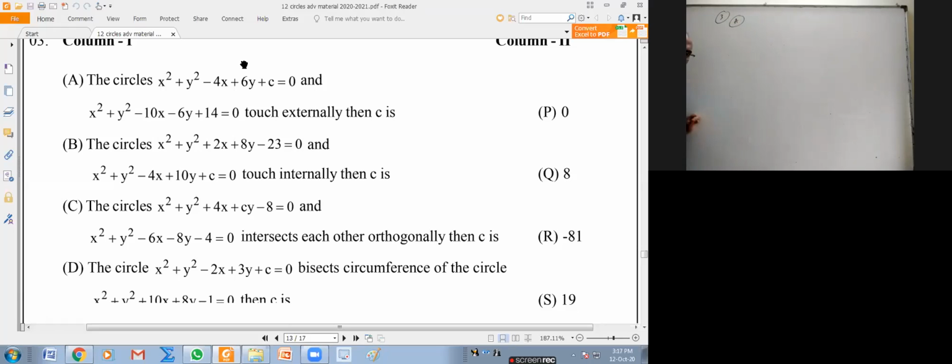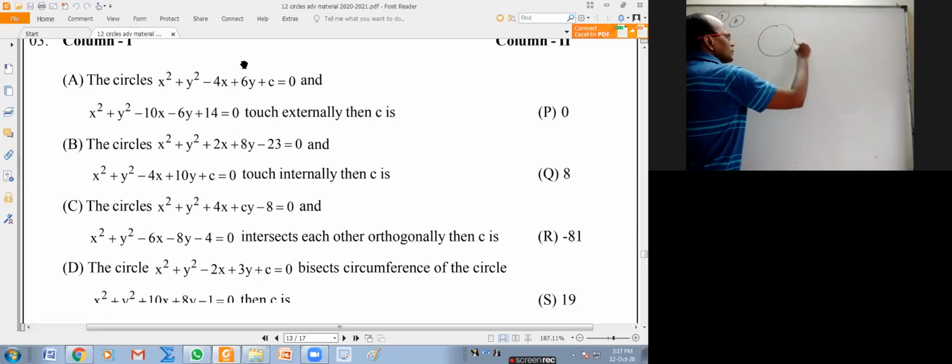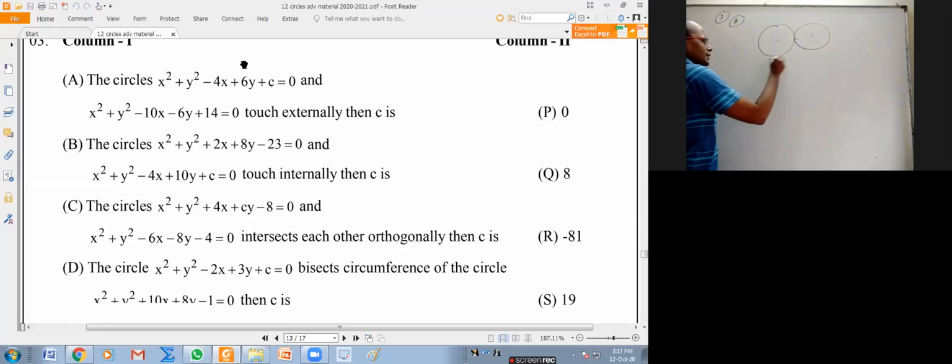Okay, third one a bit. First of all, this is the second equation, this is the first equation. This center is 5, 3, sorry. 25 plus 9, 34, so root 20.